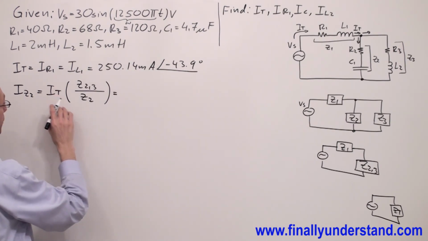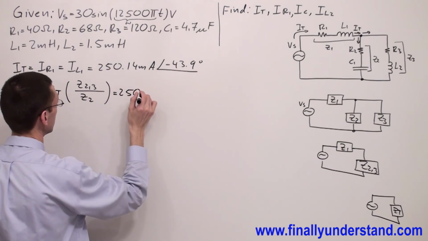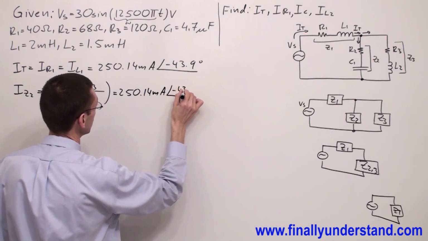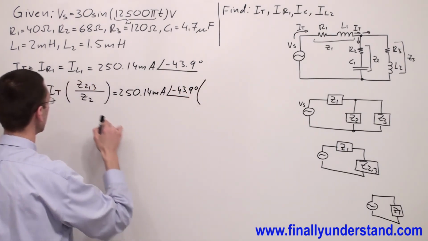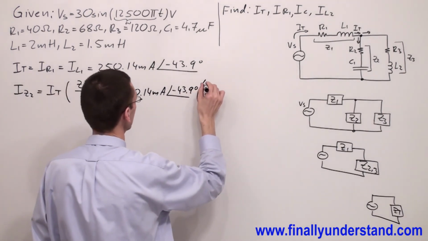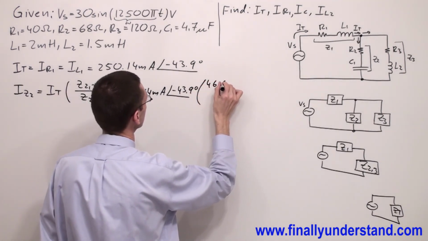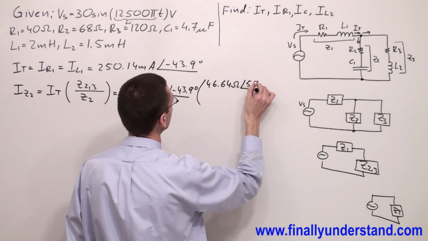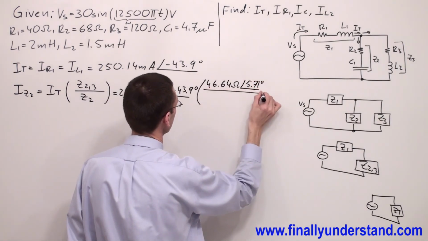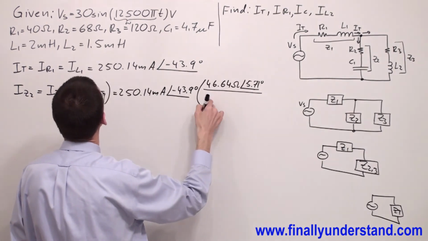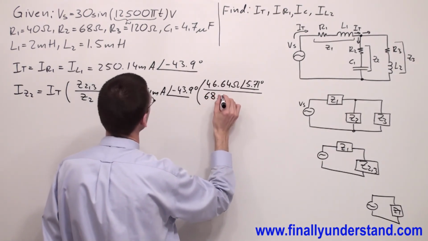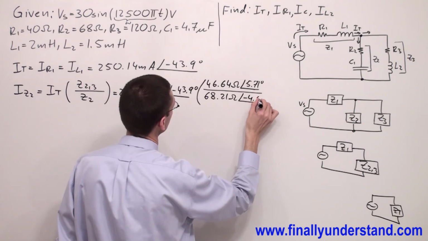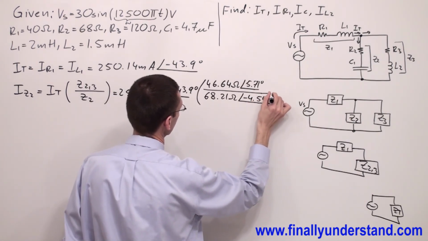So I have I total 250.14 milliamps, an angle of negative 43.9 degrees, times Z23, which is equal to 46.64 ohms and angle of 5.71 degrees over Z2, which is equal to 68.21 ohms and angle of negative 4.54 degrees.